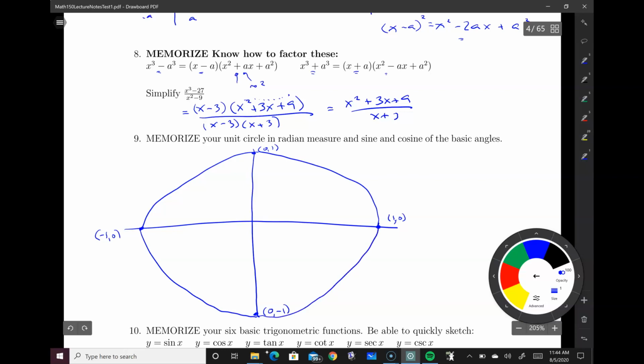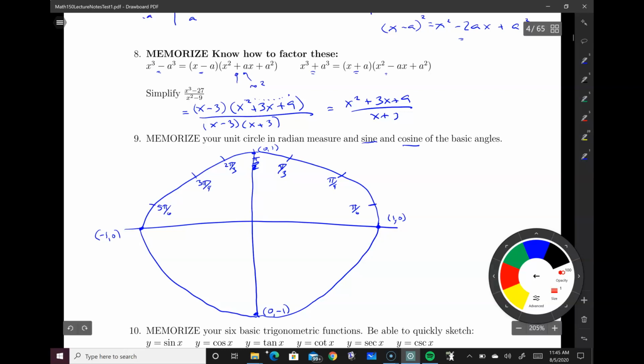Okay, so we're going to be finding the sine and cosine of these angles. The angles that you'll need to know and that we'll use a great deal are pi over 6, pi over 4, pi over 3, and this is pi over 2. So this will be 2 pi over 3, 3 pi over 4, and 5 pi over 6.